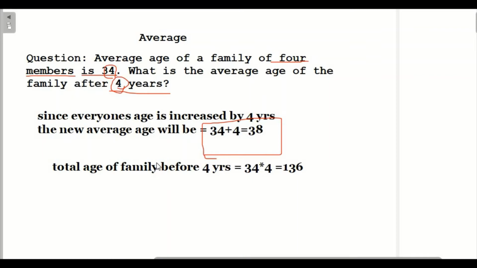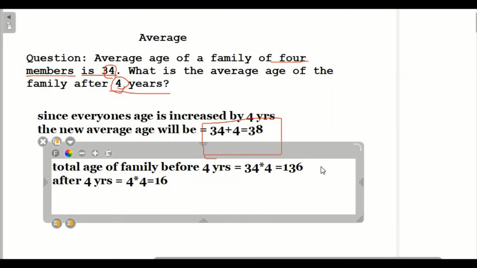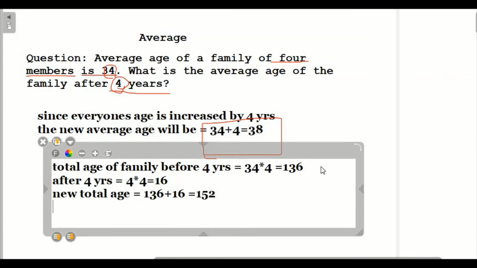So second, after 4 years, their increase is equal to 4 into 4, equal to 16. Okay. Then the new total age is equal to 136 plus 16, that is 152. Okay.